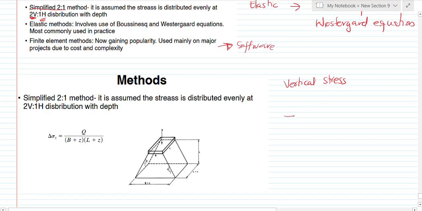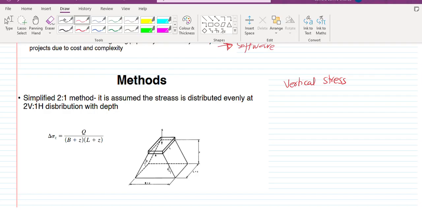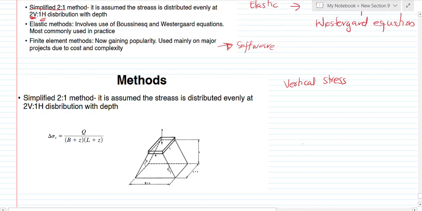So if I have this soil layer, then we place a structure on the soil. Now the weight of the structure is, let's say, W. Then I want the vertical stress increase at this point. How do I go about it?